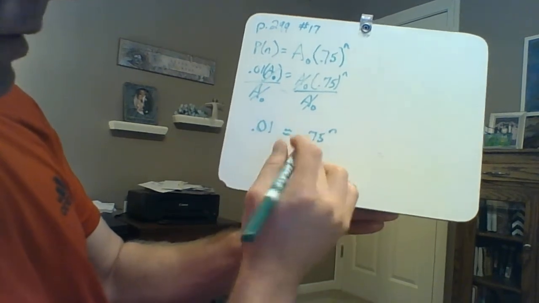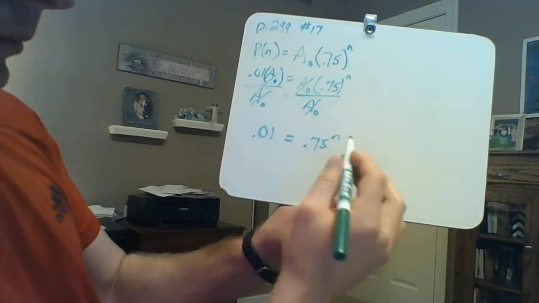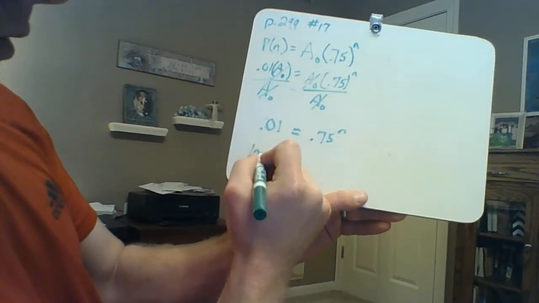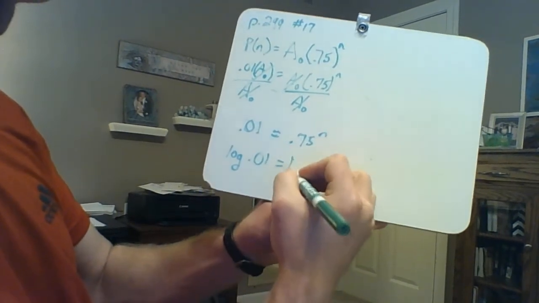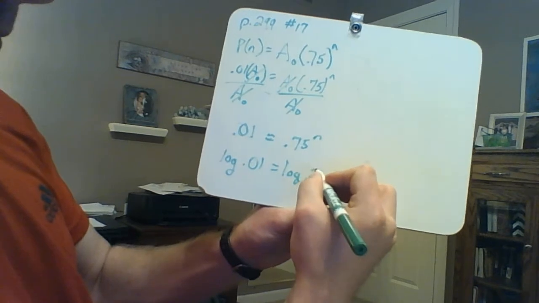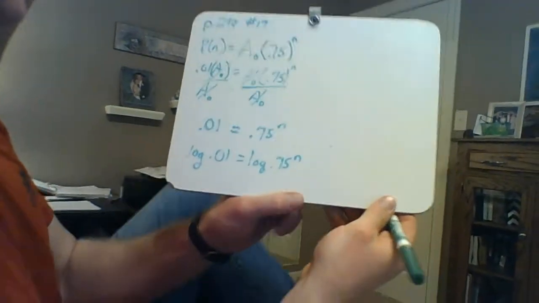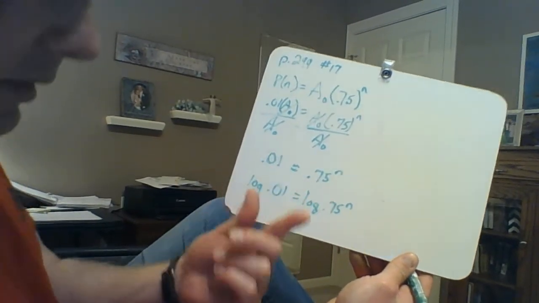To do this now, this is the new thing. There is a logarithm rule that comes in to help us solve this. If we take the log of both sides, we can get away with that because our algebra rules say whatever you do to one side, if you do it to the other, it stays balanced.